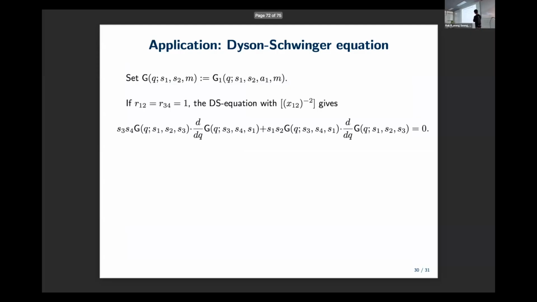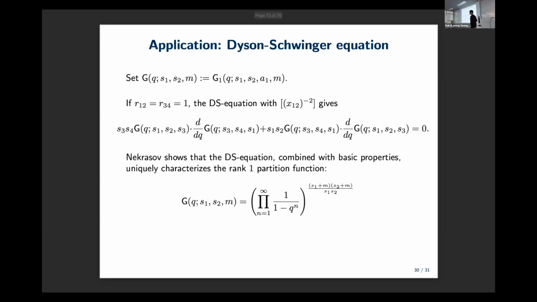If you apply the Dyson-Schwinger equation from the previous slide, for the rank vector like this, together with the coefficient of x to the minus 2, this gives a functional equation on this partition function. And using this functional equation, together with the basic properties of the partition function for general R that I mentioned, this uniquely characterizes the rank 1 partition function.